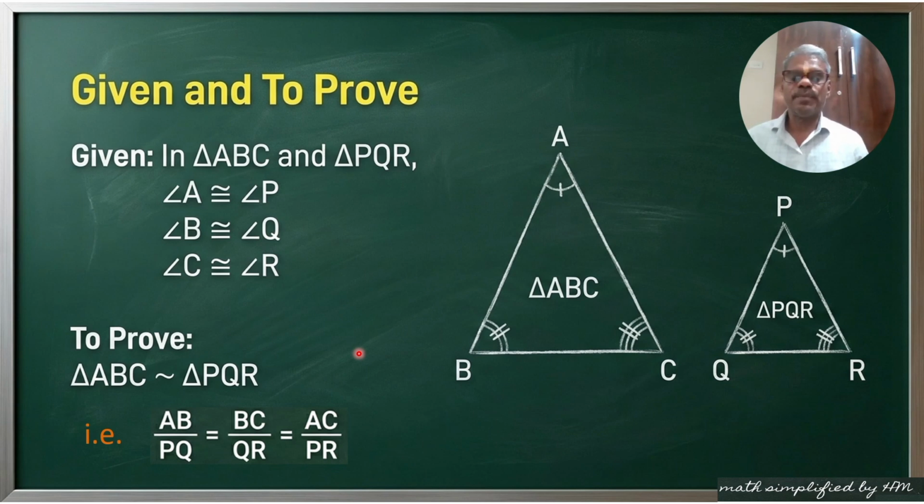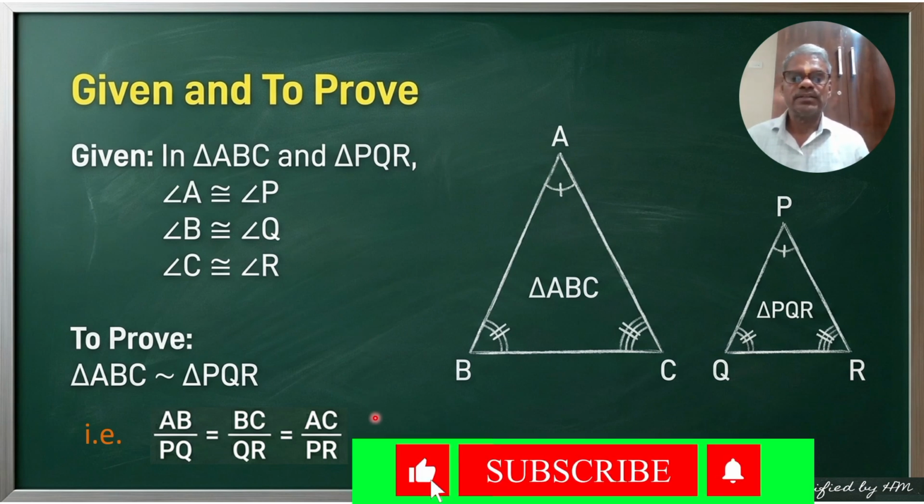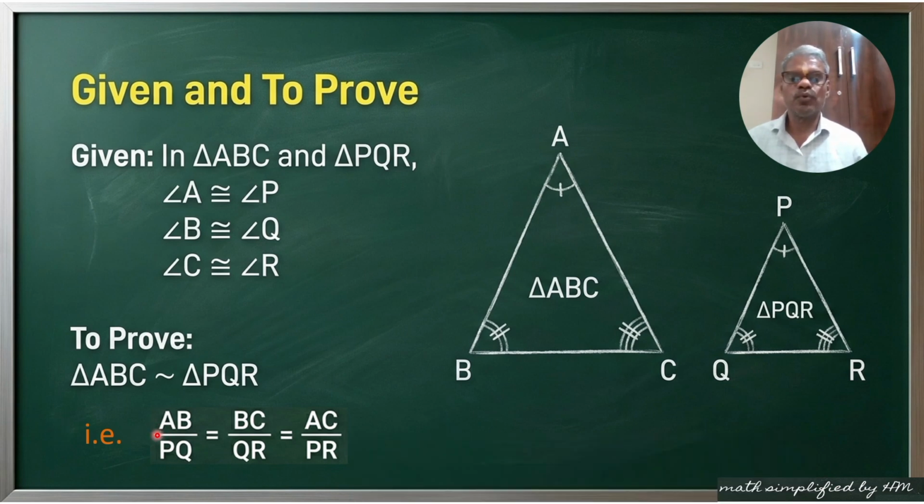And as per our definition, there are two conditions. The first condition is that their corresponding angles are congruent, and their respective side ratios are strictly equal. So we have to prove that AB upon PQ is equal to BC upon QR is equal to AC upon PR.